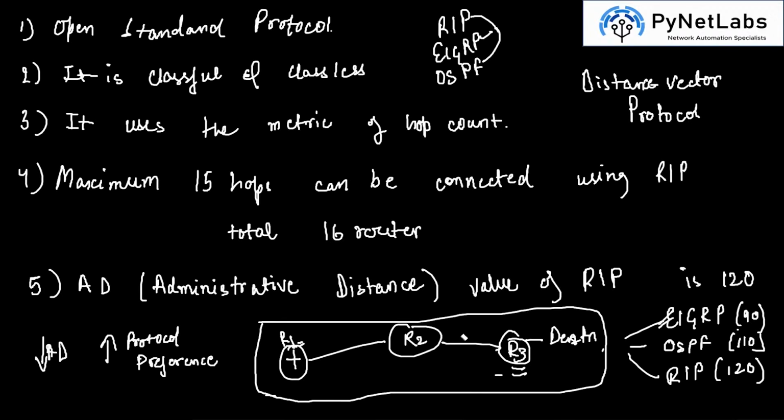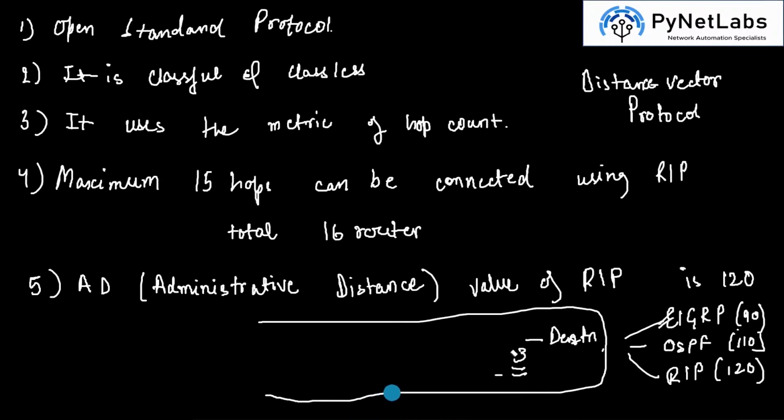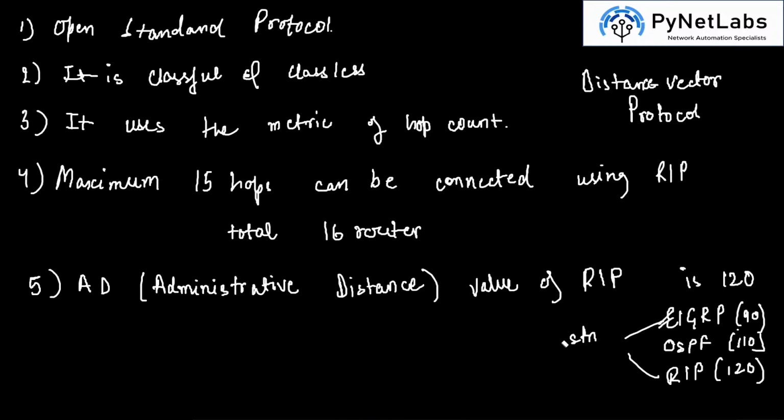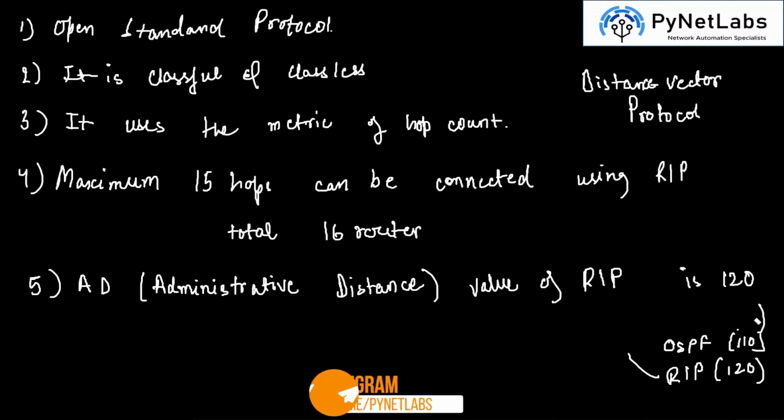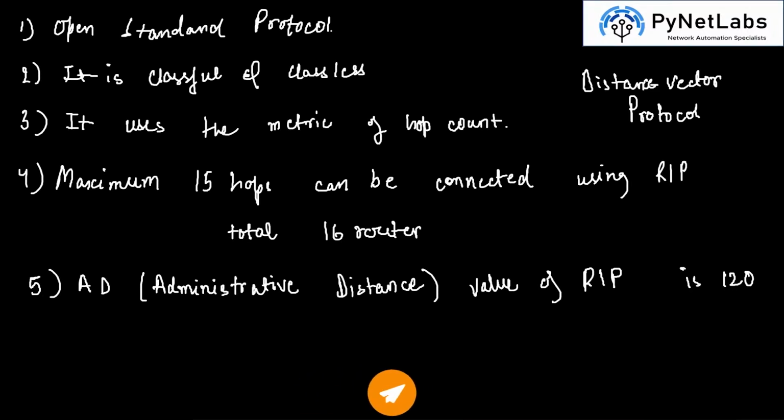So once RIP is selected, the best route can be chosen using the hop count. Great. So the metric for RIP is hop count, and AD value is used to select the protocol. If the network is configured with multiple protocols, AD value will be used to select the protocol.